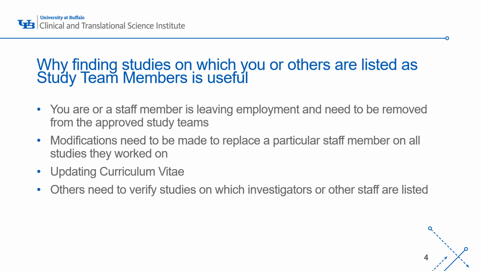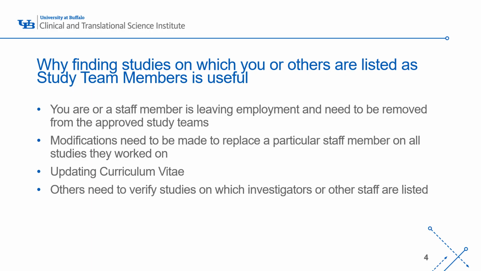Or, if a staff member has had a change in role on their study teams and their former role will be taken on by a new study team member, you can identify the studies needing modifications. You can search all studies on which you were listed, both approved and closed studies, to assist in updating your CV.